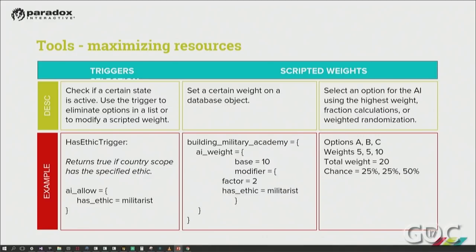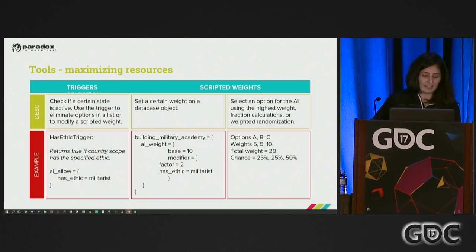All right, so the tools for this are really, really simple. We have a trigger. In this case, we have a has-ethic trigger that checks if a certain scope, for example, an empire, is militarist or not, which is an ethos or ethic.